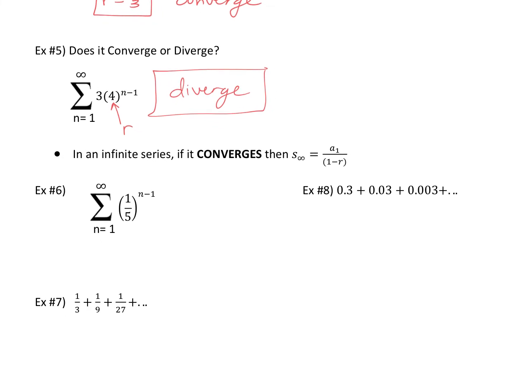Okay, one more formula for you. In an infinite series, if it converges, then the sum to infinity will be your first term divided by 1 minus r. And again, parentheses matter, okay? Start the parentheses here. If you don't, you're going to get weird answers.